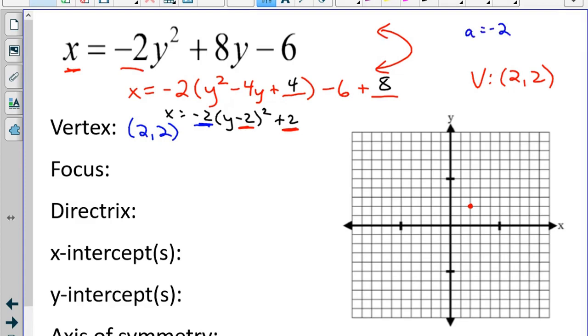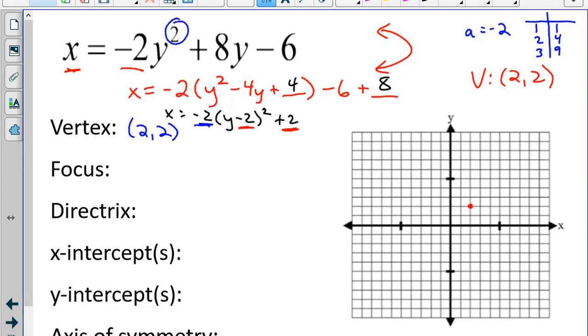What that means is I could make a t-chart, or what I learned back in the day was if a equals -2, then if I go over 1, I go down 2. If I go over 2, I go down 4 times 2, which is 8. So just a reminder, the typical parabola pattern is over 1, up 1, over 2, up 4, over 3, up 9, because I'm squaring everything.